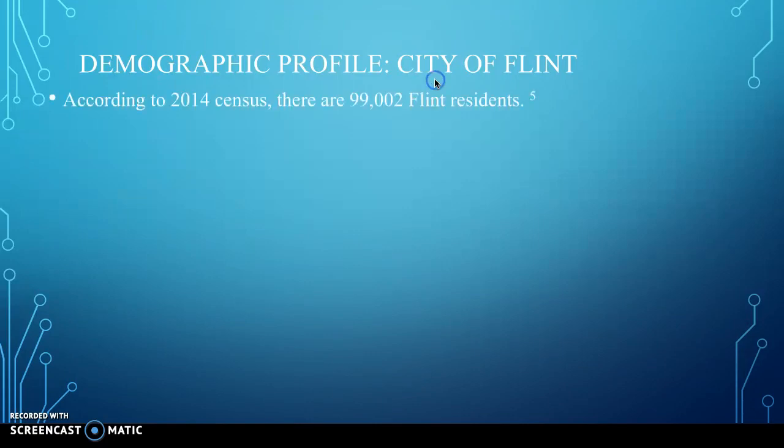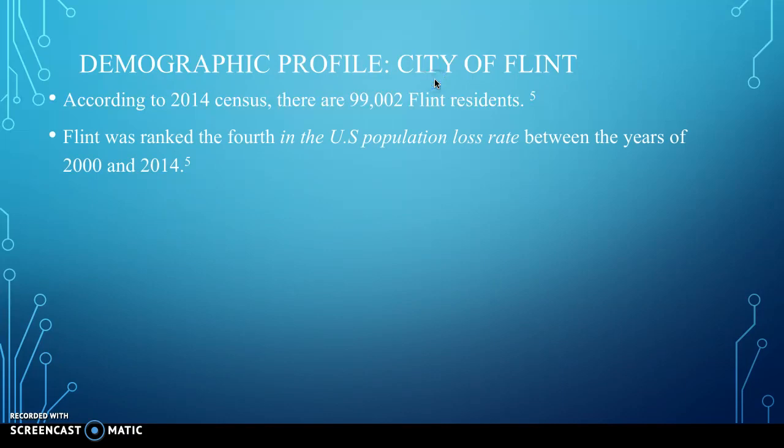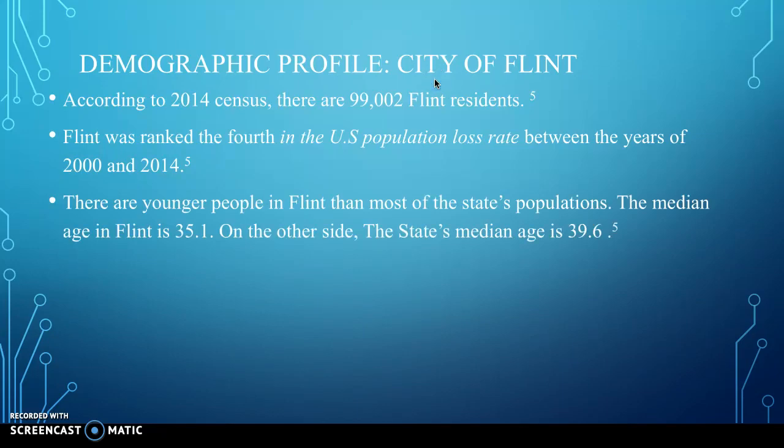Demographic profile. What's the demographic profile for the city of Flint? According to the 2014 census, there are 99,002 Flint residents. There were more than 100,000 before that, and they're decreasing. Flint was ranked fourth in the U.S. in population loss rate between 2000 and 2014. There are younger people in Flint than in most of the state's population.